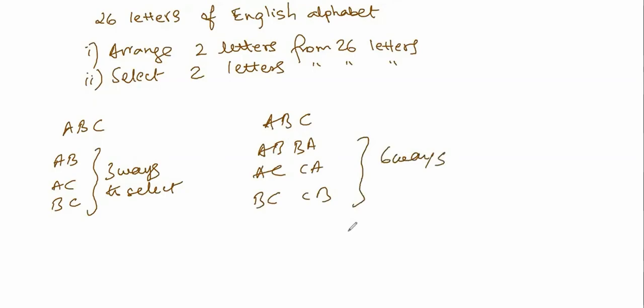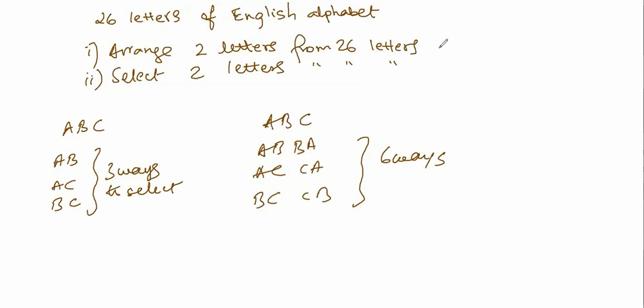So it was easy. You could just do it on your fingertips, or you could just write it down. But when there are 26 letters, A to Z, and you have to select or arrange 2 letters, then you require a formula.